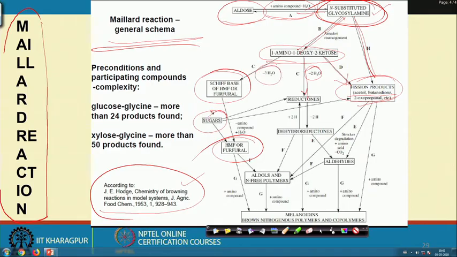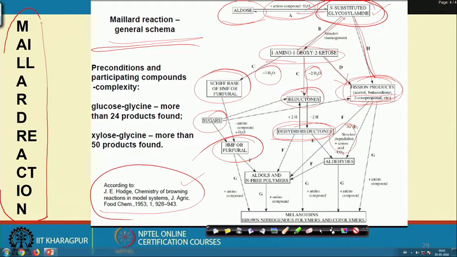So, it was leaving water, and a reduction reaction may take place, right, which may produce dehydro reductones, that could be again another intermediate.